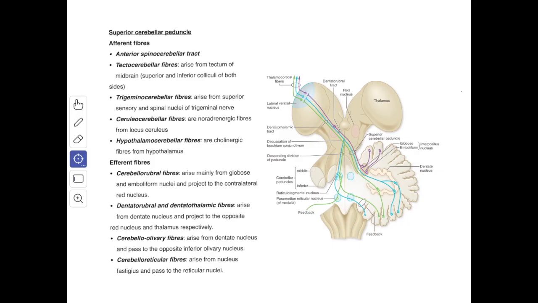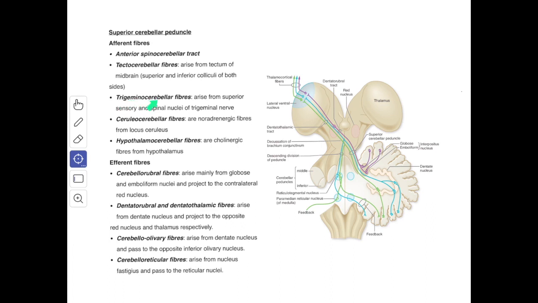Next we'll see about the superior cerebellar peduncle. First we'll see the afferent fibers in the superior cerebellar peduncle. These include the anterior spinocerebellar tract, then the tectocerebellar fibers which arise from the tectum of the midbrain, that is the superior and the inferior colliculi of both sides.